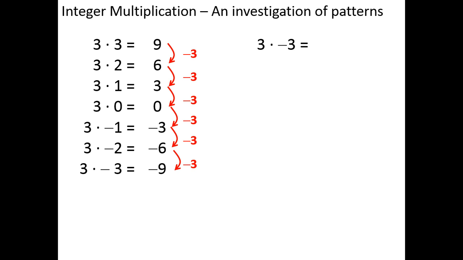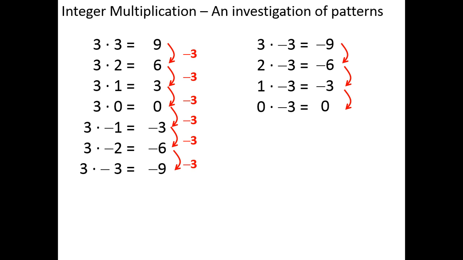So we're going to take that last statement we had, 3 times negative 3, which we said was equal to negative 9, and we're going to build off of that. So if 3 times negative 3 is negative 9, 2 times negative 3 is negative 6. And 1 times negative 3 is negative 3. And we know that 0 times anything is 0.